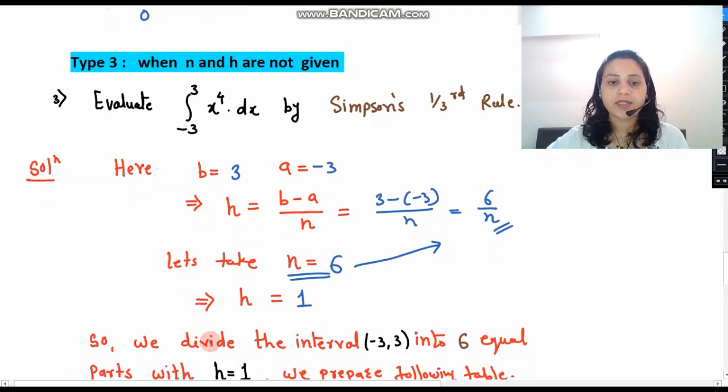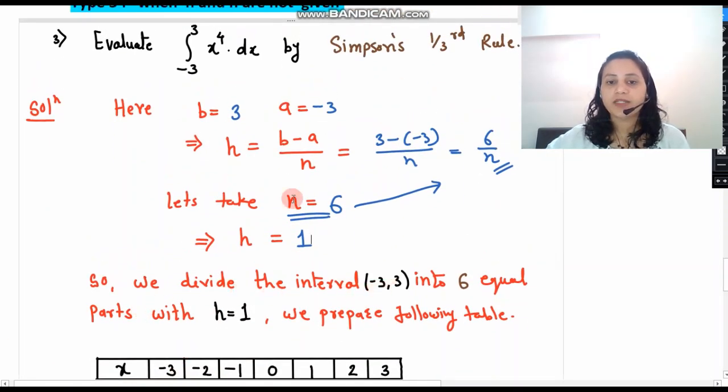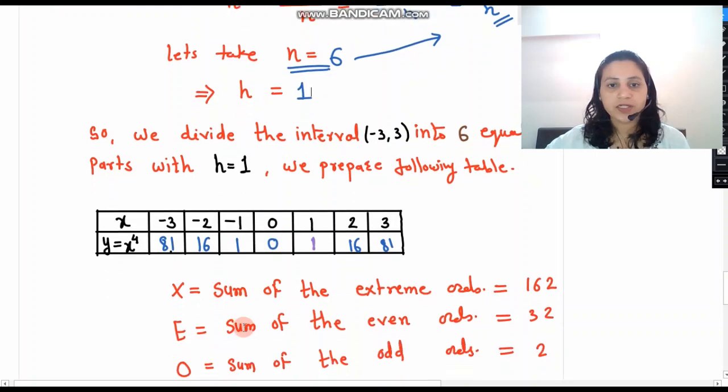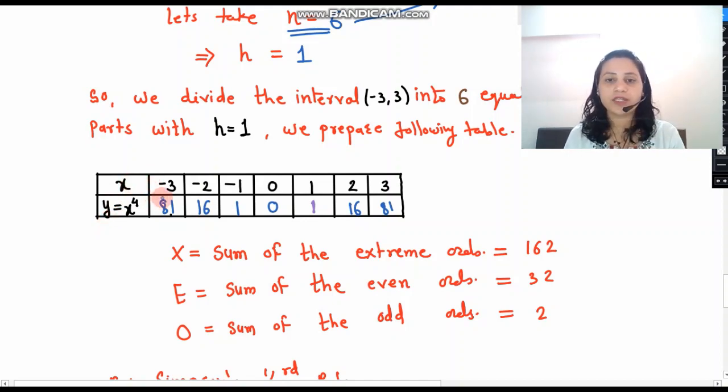So in this case, I can say that we divide the interval minus 3 to 3 into 6 equal parts with h equal to 1. And now we are going to prepare the table, right? For the table of x and y, x is nothing but the minus 3 to 3 interval, all the values, 7 values.